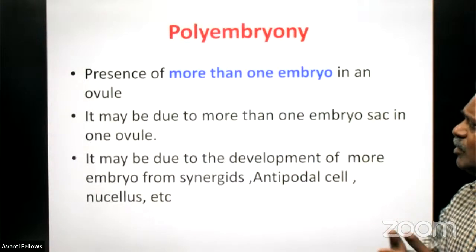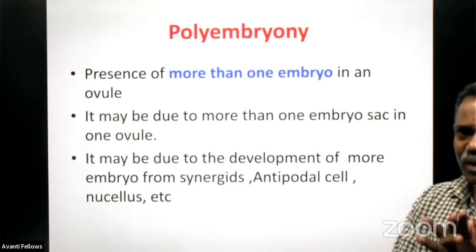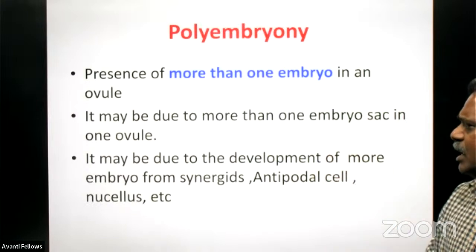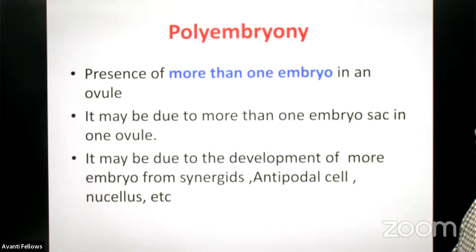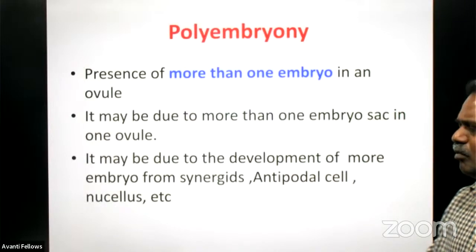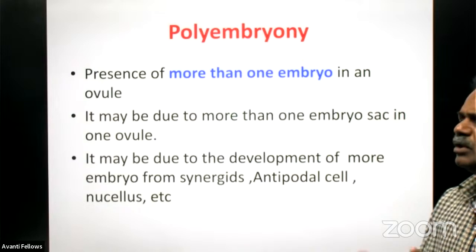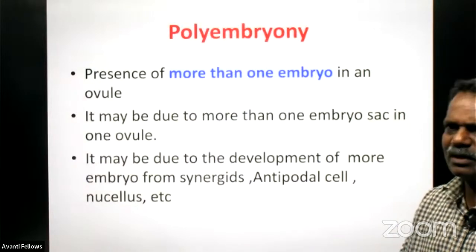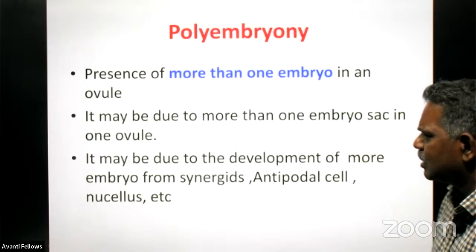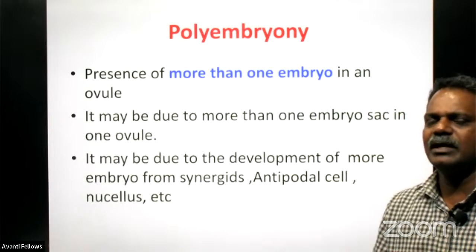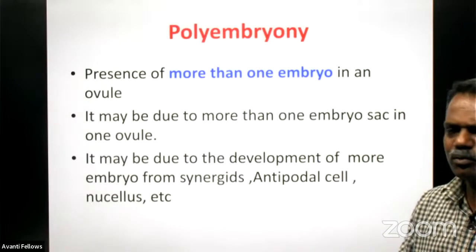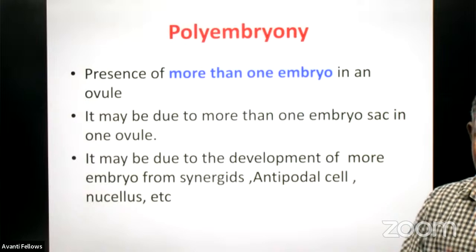Sometimes chances are there for many embryo sacs in one ovule, because they develop from many nucellus cells, and it may be due to the development of more embryos from synergids, antipodal cells, and nucellus. There are chances for a synergid to fuse and act as a zygote, or sometimes an antipodal cell can fuse and also act as a zygote, and sometimes nucellus cells, which are already diploid, can also act as a zygote, producing many embryos inside the same ovule.